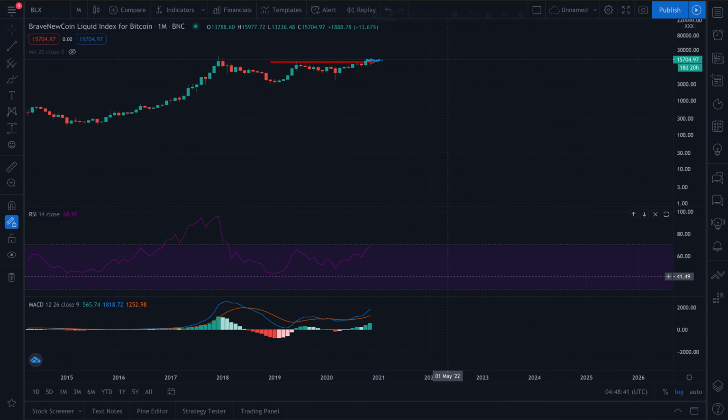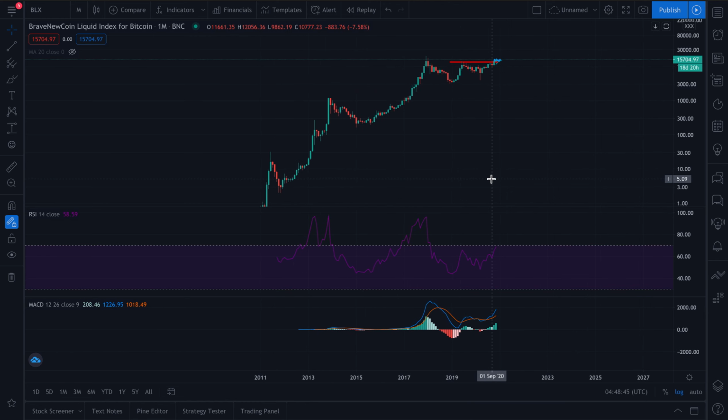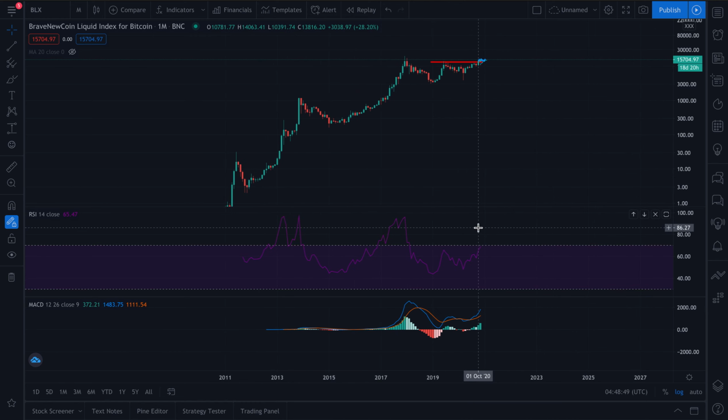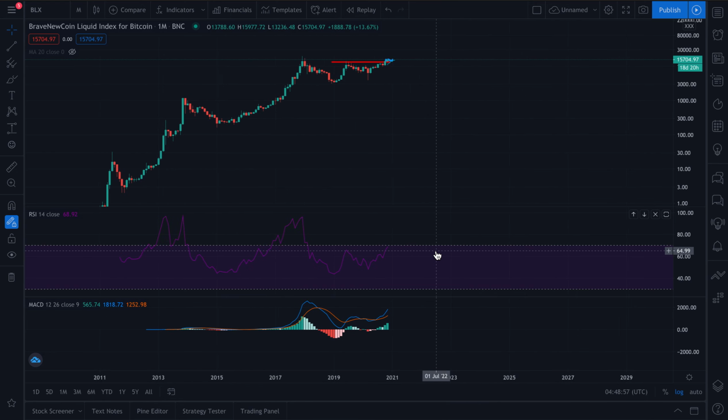Well, when we look at the monthly chart, it looks like it's just around the corner. But keep in mind, each and every candle is a month. So this could very well happen in the span of months, as it should. And for me, the idea that cycles are lengthening, I do agree with that theory.